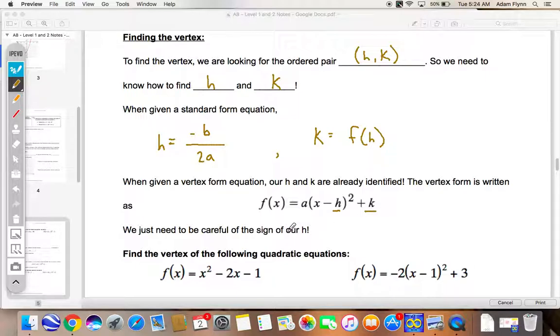Pretty easy. We just need to be careful of the sign of our h because for this general form, it's x minus h. So if we happen to have x plus 2 here, our h would be the opposite of plus 2, so it would be negative 2. Okay, we'll take a look at a couple examples right now. Pause the video if you need more time.